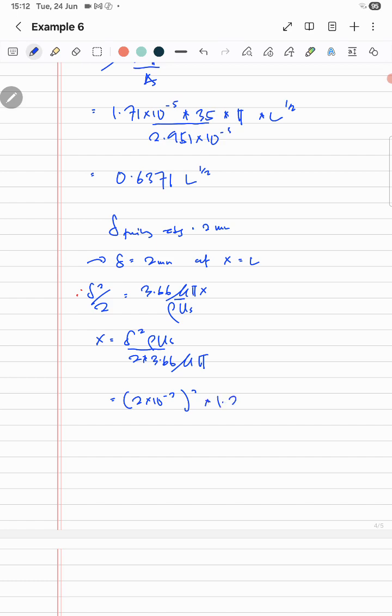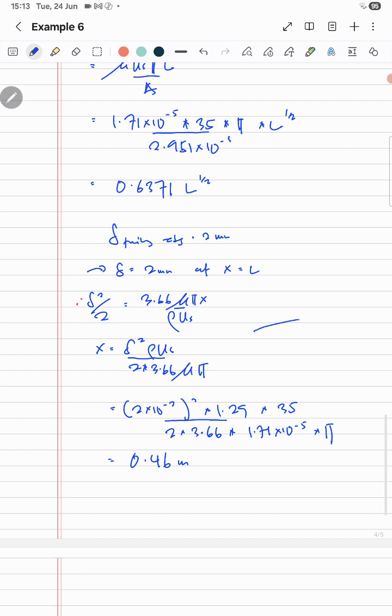Rho is 1.29, multiplied by u is 35, over 2 multiplied by 3.66 multiplied by mu, which is 1.71 times 10 to the minus 5, multiplied by pi. So here we get x equal to 0.46 meter, which means the airfoil goes from 0 to L. So here L equals 0.46 meter.